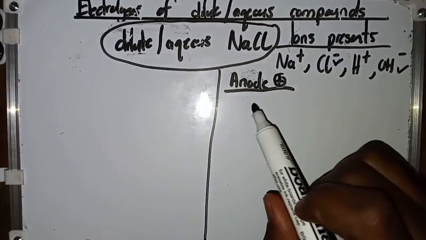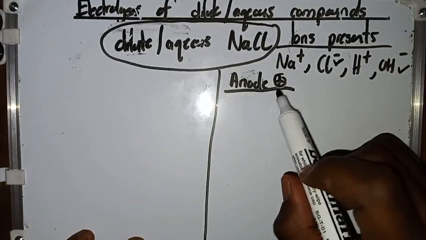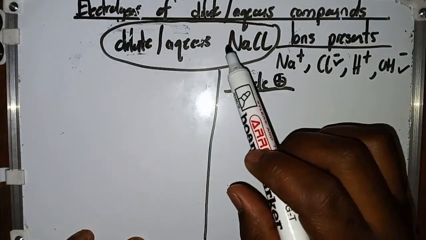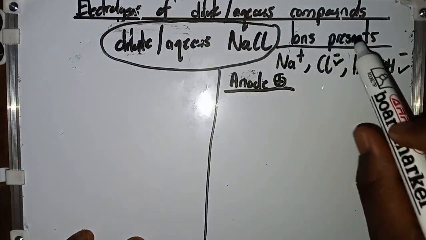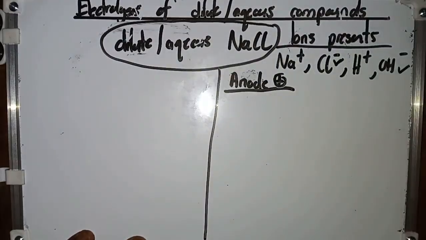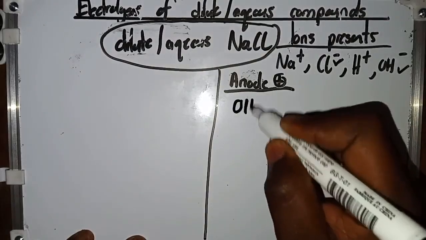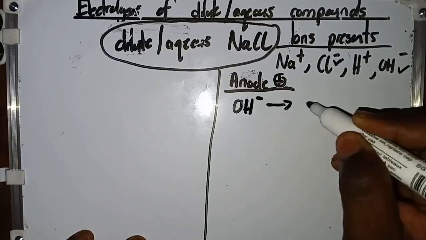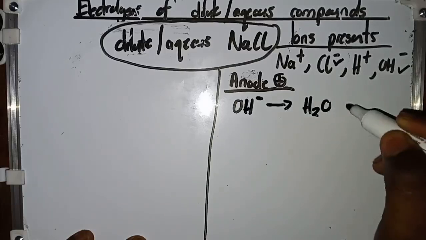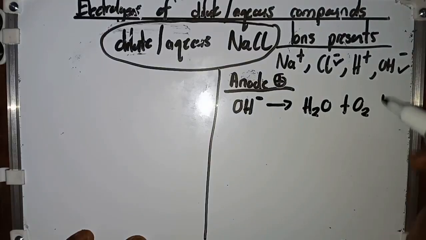So if you're writing the anode equation for dilute or aqueous compounds, you don't have to think. The equation is the same, plus 4 electrons. Just know the equation like this.